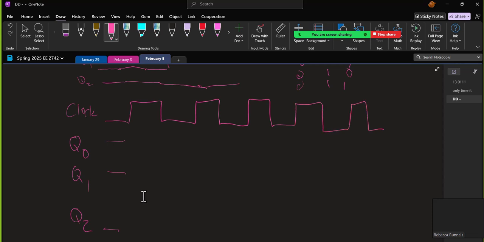Q0 has as its input 1 and the clock is its clock, so it's going to toggle at every positive edge of the clock.